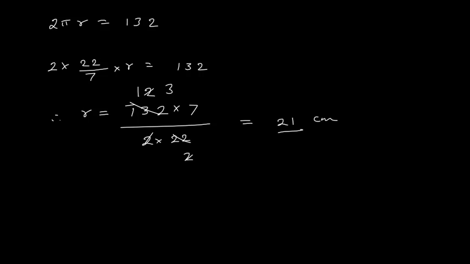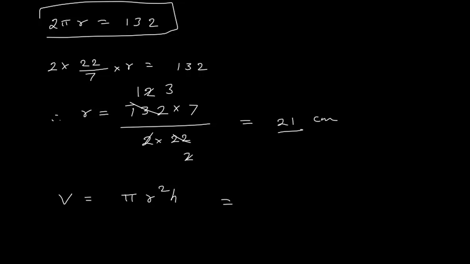Now I know the value of r. I have to find volume. Volume V is equal to pi r square h. Now this pi r square h, as I already know the value of 2 pi r, I will try to use this value. From this 2 pi r, I know that this pi r is equal to 132 upon 2.